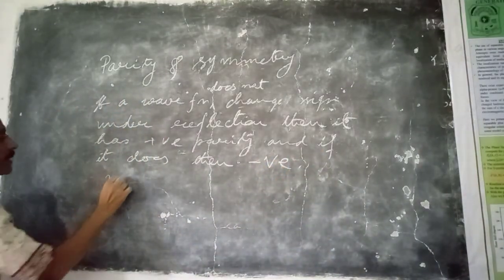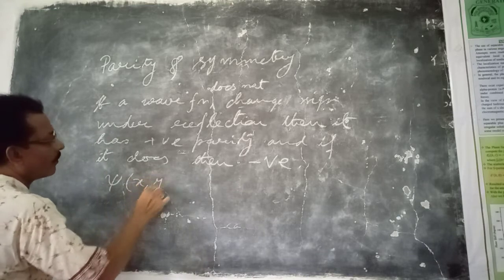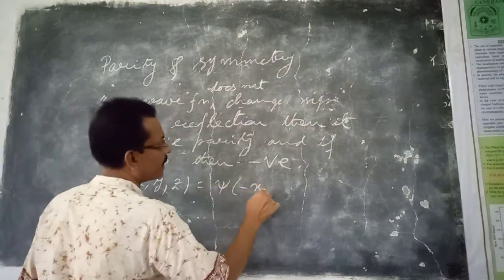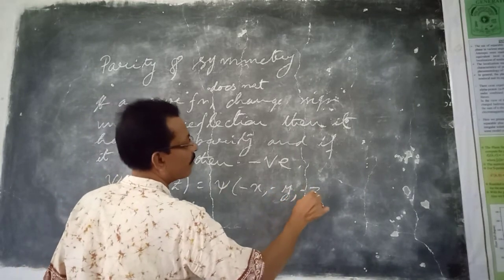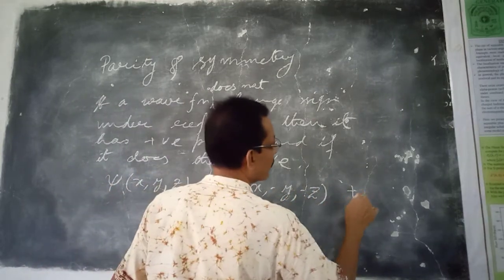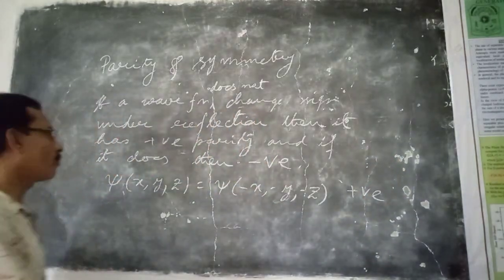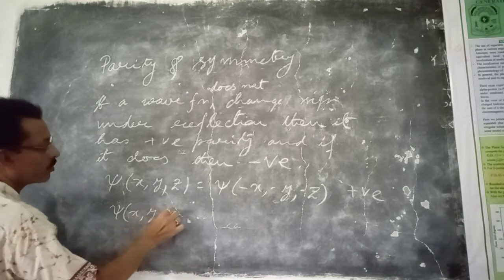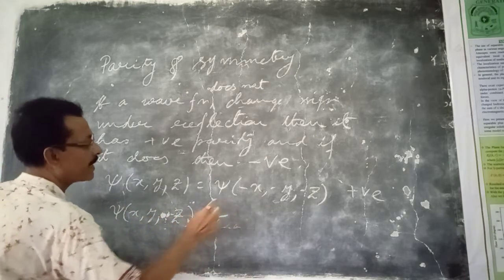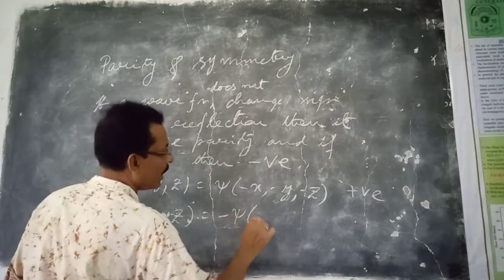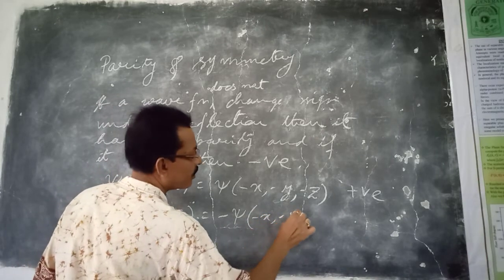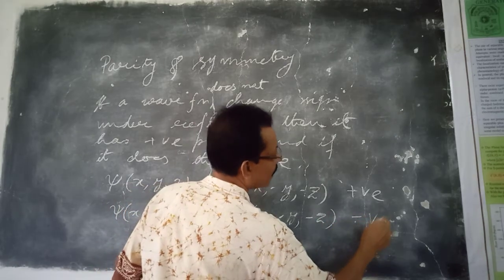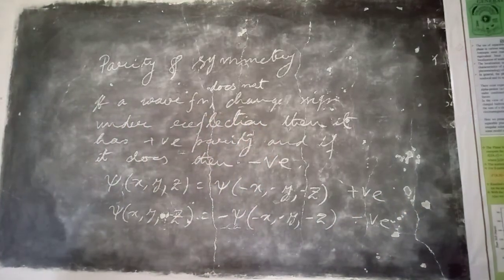That is, if psi of x y z is equal to psi of minus x minus y minus z, then positive parity, and if psi of x y z is equal to minus psi of minus x minus y minus z, then it has negative parity.